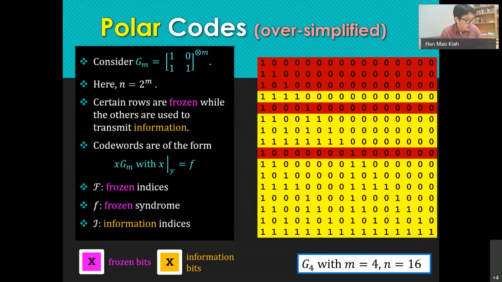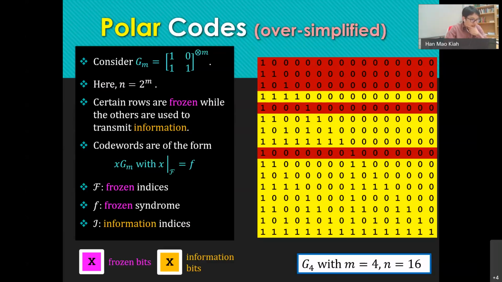To obtain this G_m, what we do is to take the tensor product of this 2 by 2 matrix, this [1, 0; 1, 1] matrix, to obtain a square matrix of dimensions 2^m by 2^m. So in this example, m is 4, so n is 16, which is 2^m. So this is a 16 by 16 matrix that represents G_4.